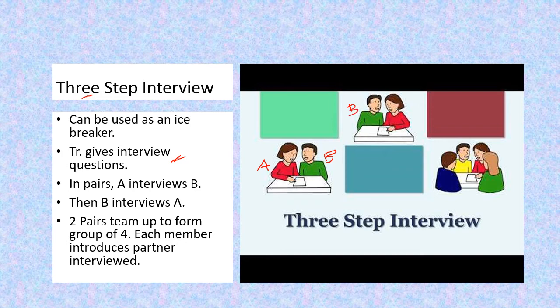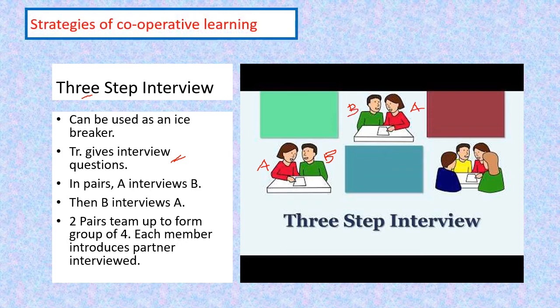Student B interviews student A. In this way, they practice listening and questioning skills. And in the third step, pairs team up with another pair to form groups of 4. Each member of the group introduces the partner interviewed. In this way, they share interesting points.